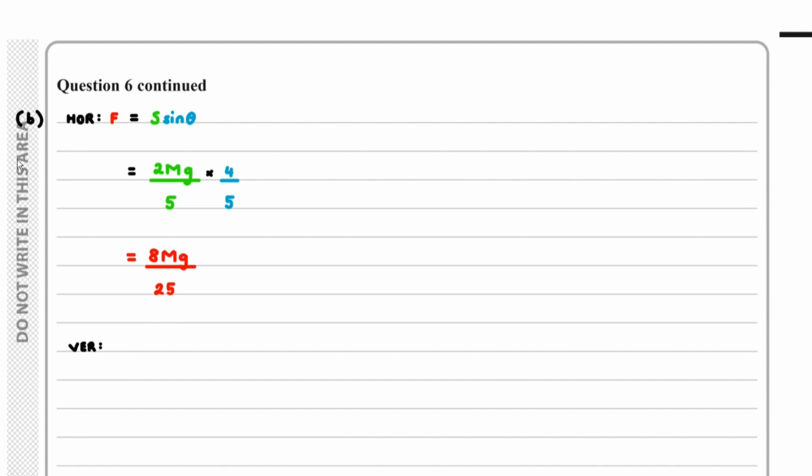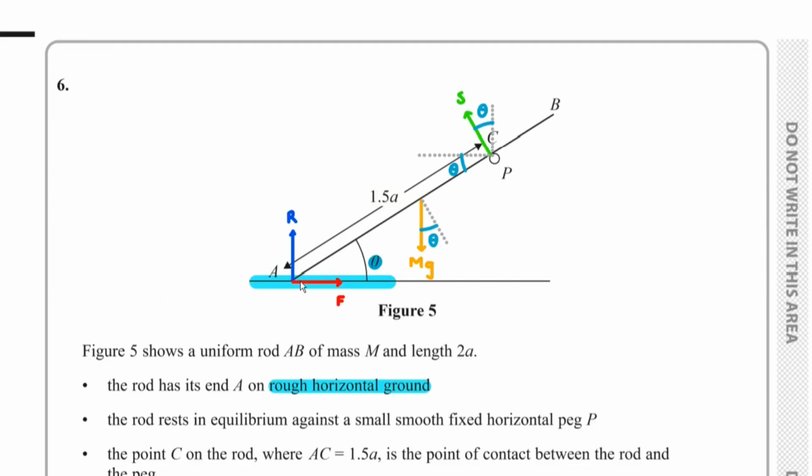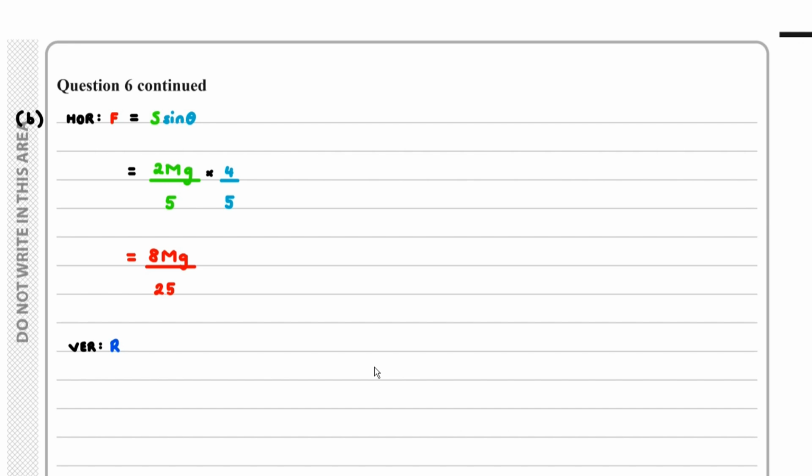Let's now resolve vertically. Well, we have R going up, we also have a component of S going up, and going down we have mg. Hence, we have R plus S cos theta equals mg. We don't know what R is, but S we know is 2mg over 5, and cos theta we know is 3/5, and this is equal to mg.